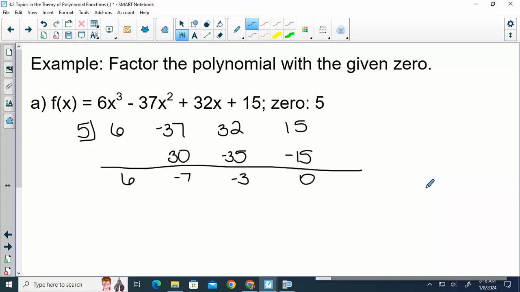So if you get some other number for your remainder, what does that tell you? You messed up, okay? Fix it. Don't just pretend it's a 0 and go on with your life. Find where you made a mistake. So this is my remainder, my constant, my x, and my x squared. So now this problem is 6x squared minus 7x minus 3.